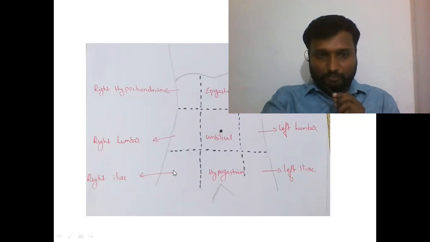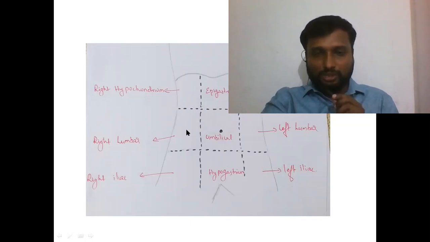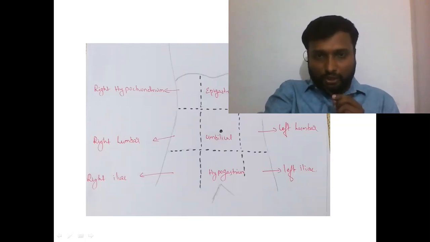Then here right iliac region, hypogastrium, left iliac region. So these are the 9 compartments. These kidneys are located here in the upper 4 compartments, as I told before: the epigastrium, hypochondrium, lumbar, and umbilical region.